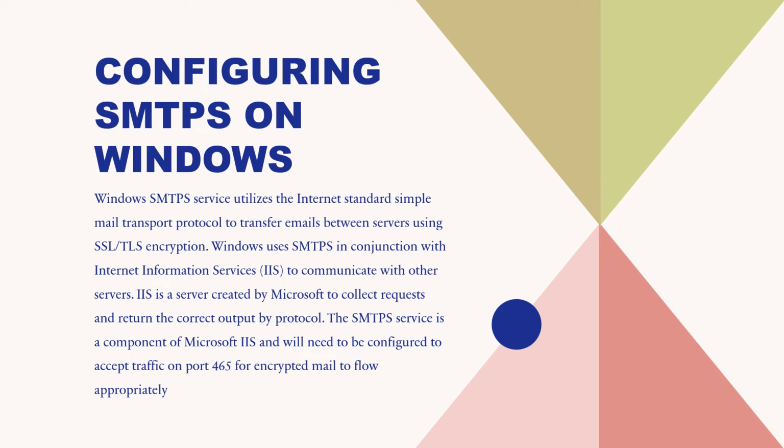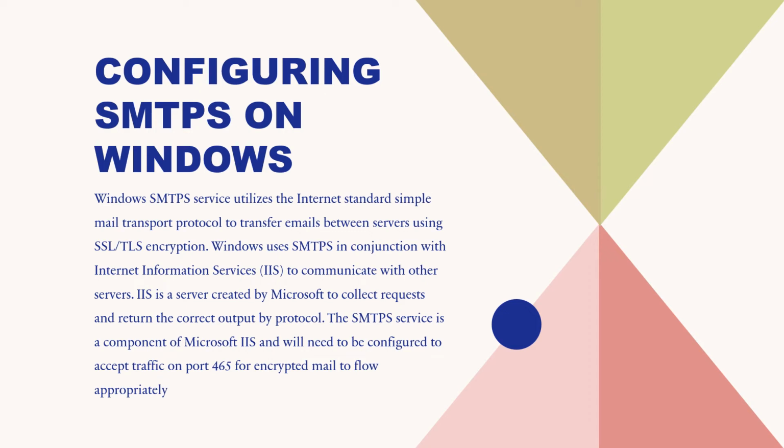So now we're going to cover configuring SMTPS on Windows. The Windows SMTPS service utilizes the Internet Standard Simple Mail Transfer Protocol to transfer emails between servers using SSL and TLS encryption. Windows uses SMTPS in conjunction with Internet Information Services, IIS, to communicate with other services.